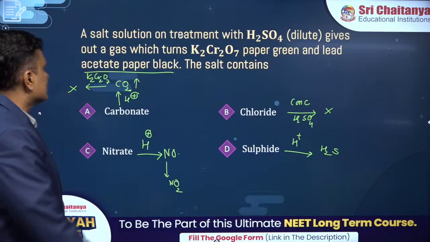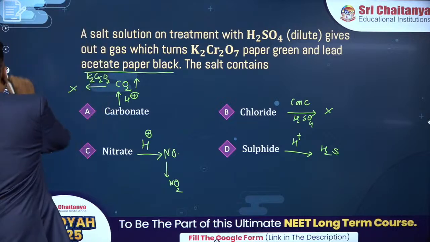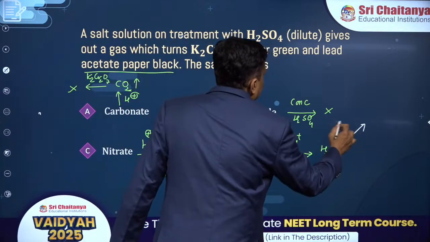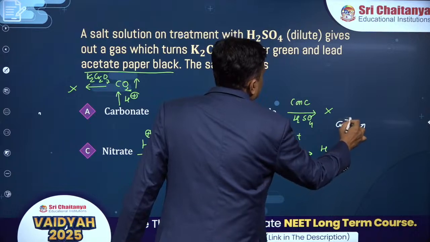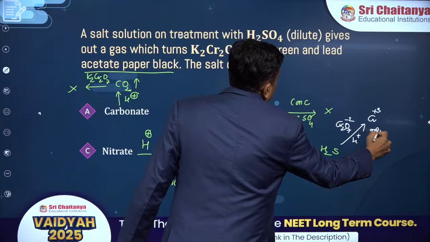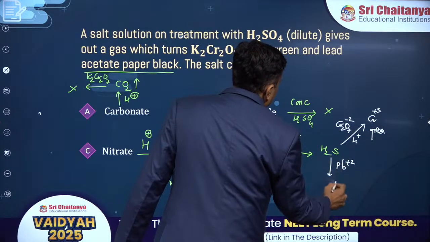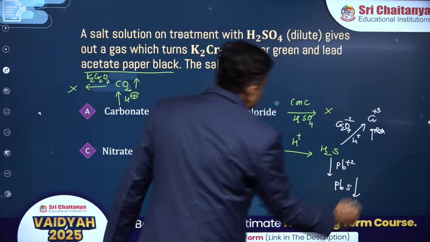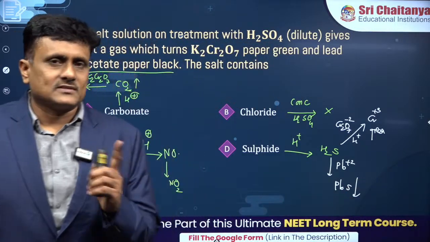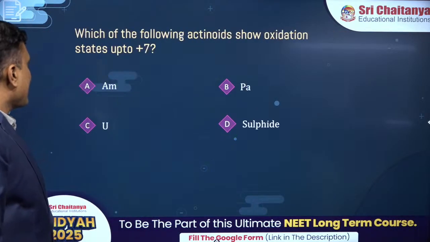And you know H2S is reducing by nature. It is going to reduce the dichromate into Cr plus 3. This is a very popular reaction, and also turns lead acetate black. So you guys can easily make out. Since the time of its induction, 1 to 2 questions are asked from salt analysis. So don't skip it, read it thoroughly, buddies.